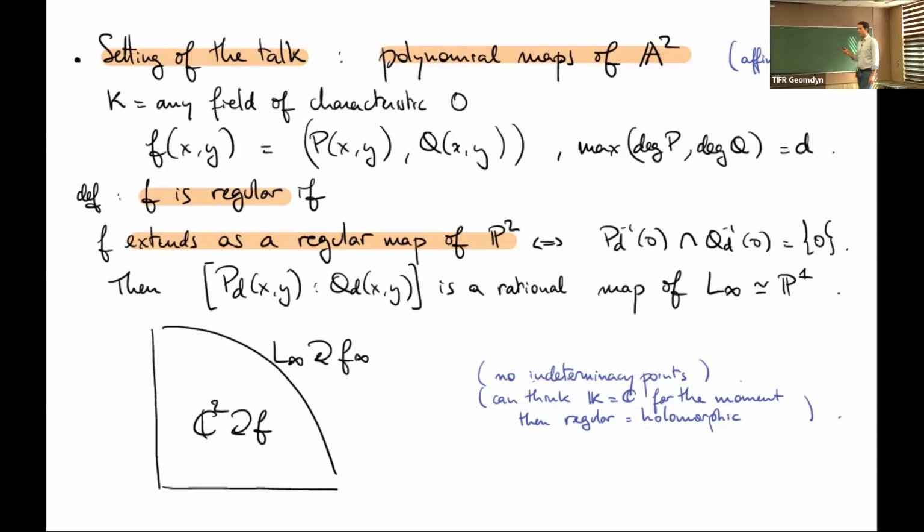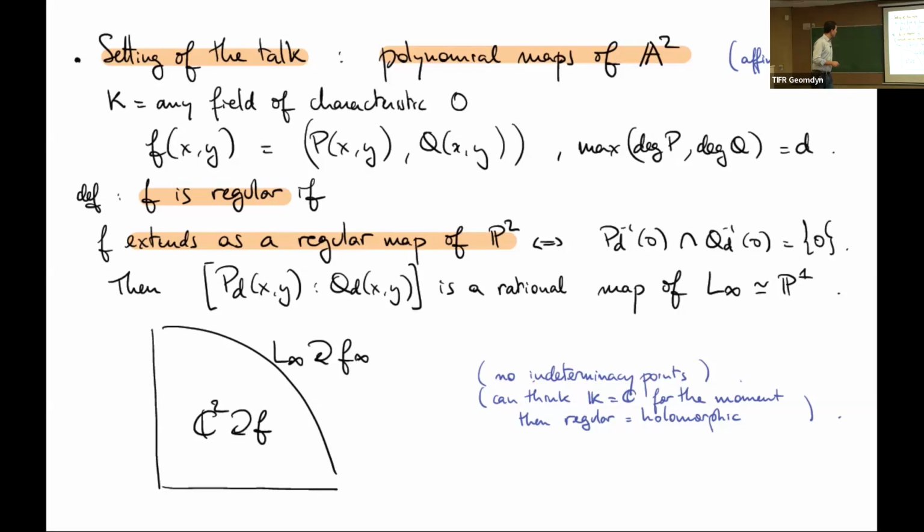Here we will only consider those mappings whose extension to the projective plane is well defined everywhere, so-called regular mappings. In complex dynamics, regular means holomorphic. So I'm considering only those polynomial mappings of the plane which have a holomorphic extension to the projective plane.